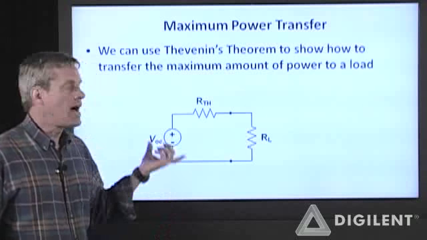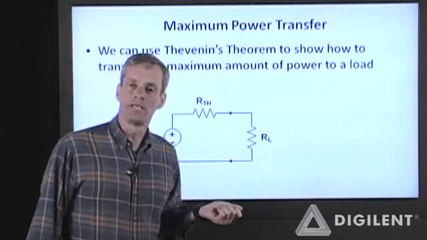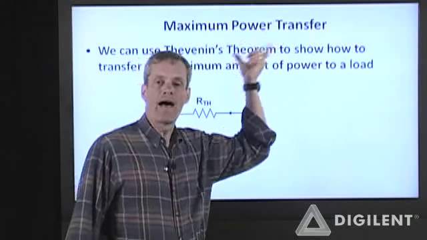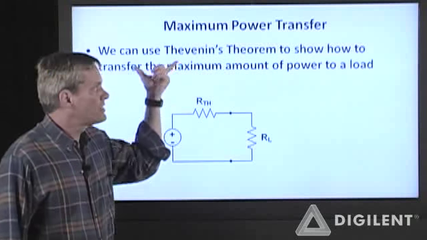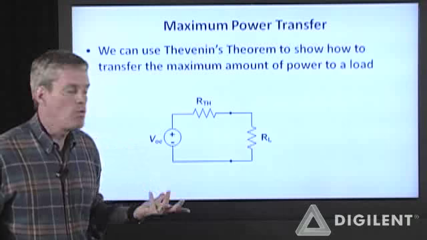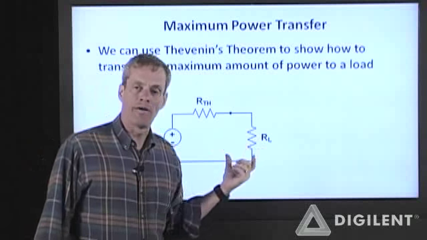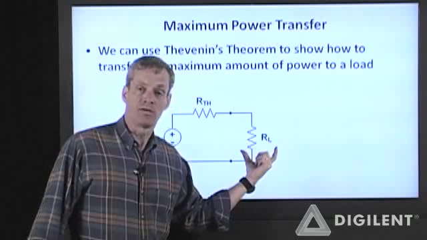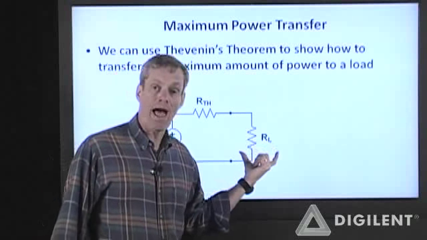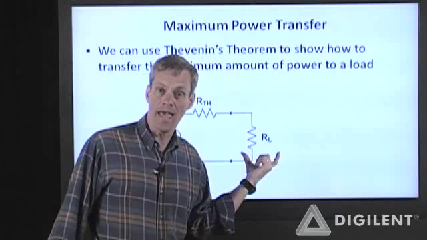We have one last topic that Thevenin's theorem can help us deal with. That's the topic of maximum power transfer. It turns out that we can use Thevenin's theorem to show how we can provide the maximum amount of power to some load. If I have some load resistance here, quite often I want to get as much power to that load as I possibly can.